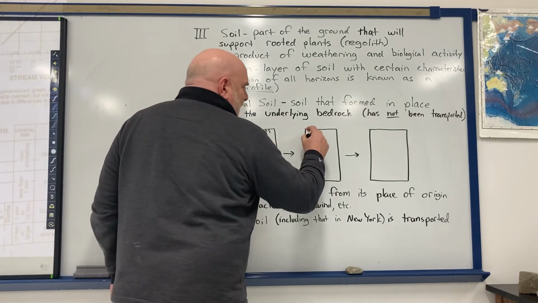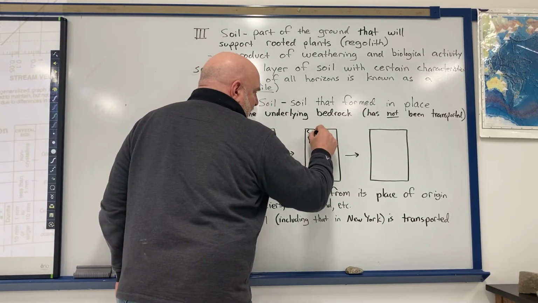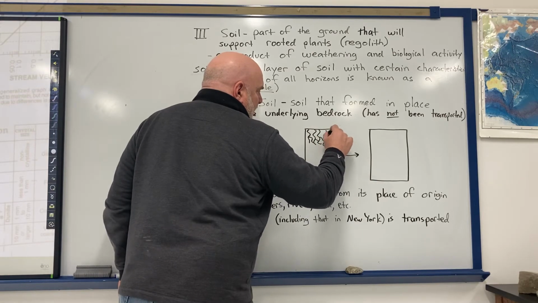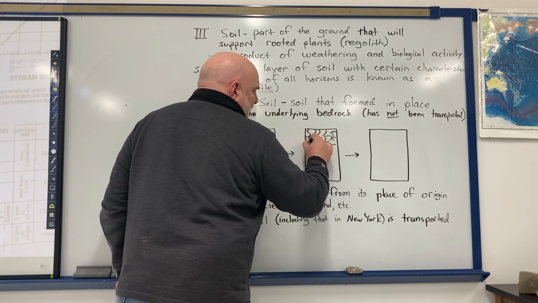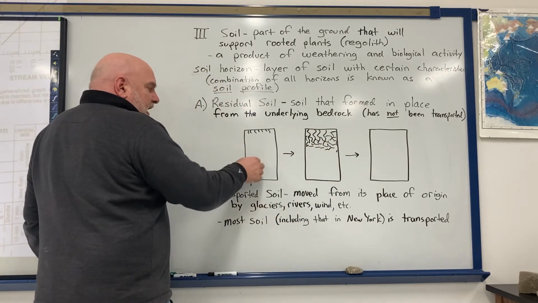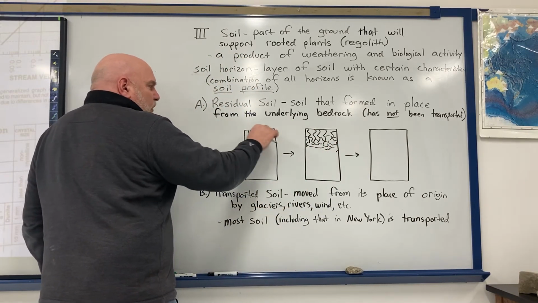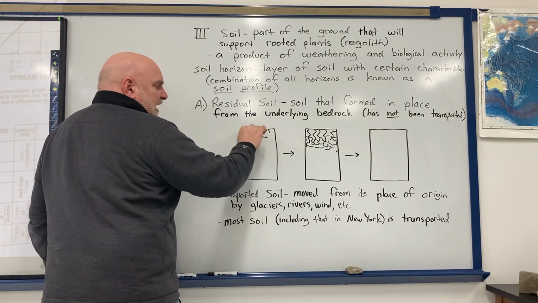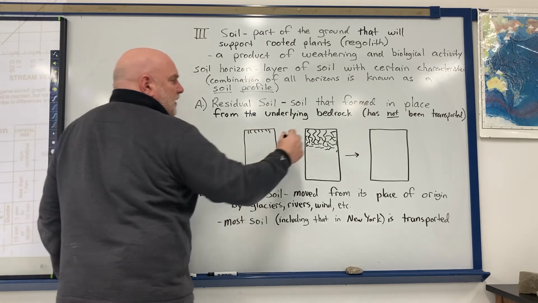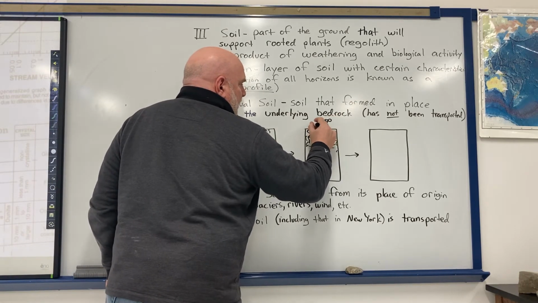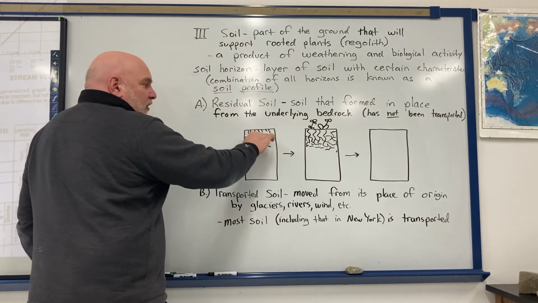So as time goes by, the part that's broken up might be like this now. Here, the solid rock was pretty much right up to the surface. There's just a little tiny broken up part at the top, and the solid rock's right near the surface.